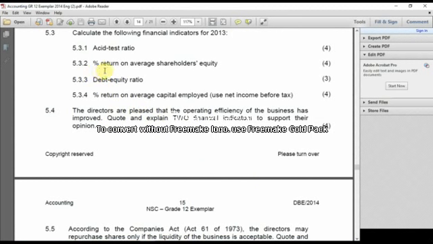5.3.2, we need to calculate the percentage return on average shareholders' equity. When we refer to return, it means it has to do with a profitability ratio. And when we think return, we think of the bottom line, which is the net profit after tax on our income statement.